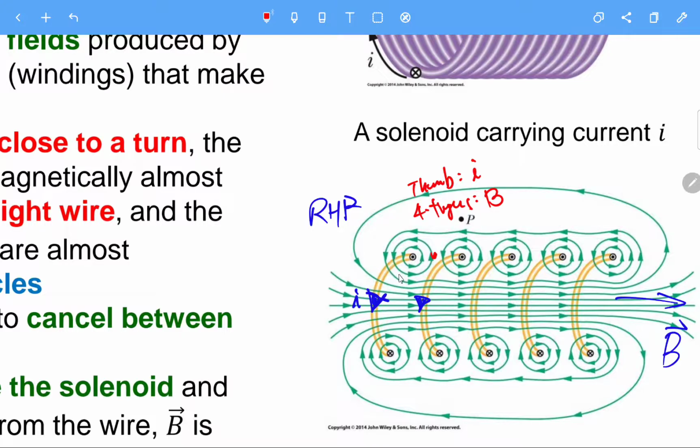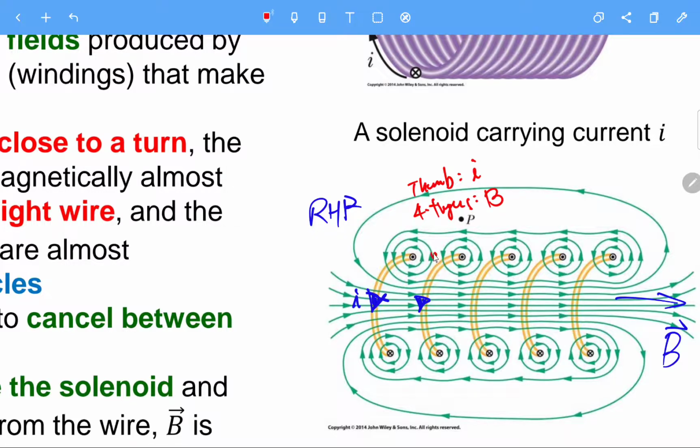So now you can see the direction is roughly counterclockwise at this cross section, and likewise for this one, the B field is also counterclockwise. So at this point, this one is pointing upward, and this point is pointing downward. So at the middle point, they will be kind of cancelled.